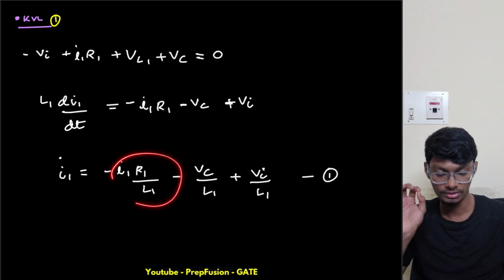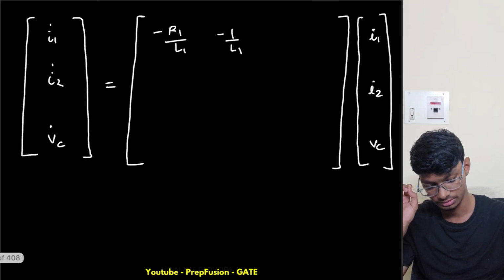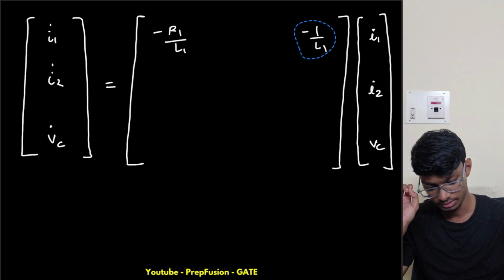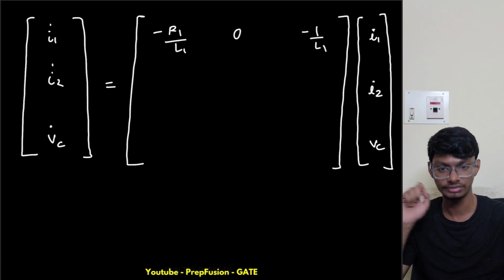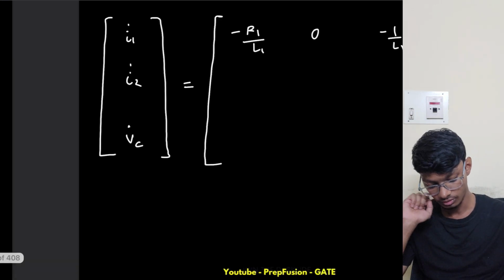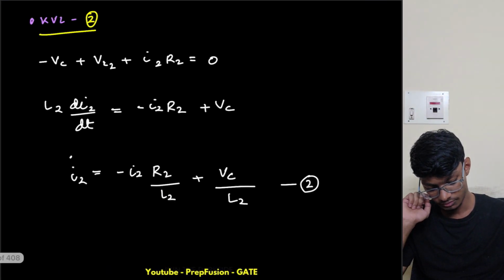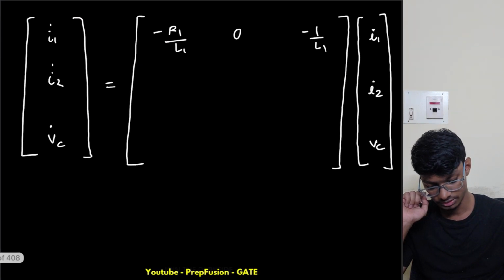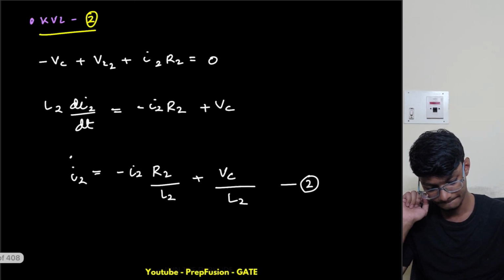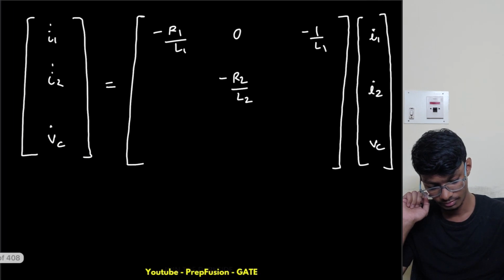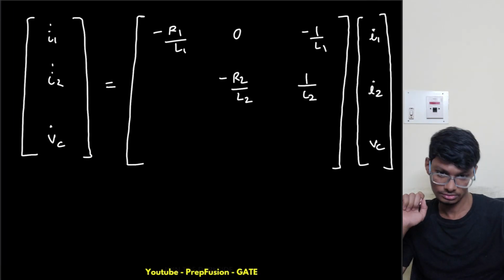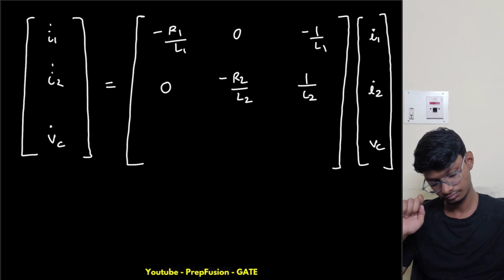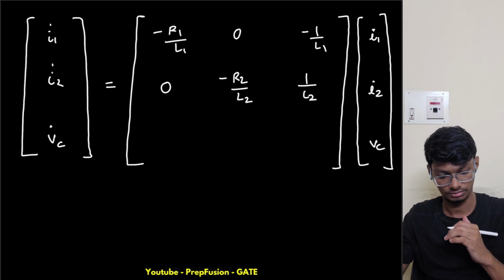This is not related with I2, but it is related with VC. So this will come here, and this will be 0 because it is not related with I2. Now for I2 dot, I will get minus R2 by L2 and 1 by L2. This is related with I2, not I1. So this will be minus R2 by L2, and this will be 1 by L2, and this is 0 because it is not related with I1.